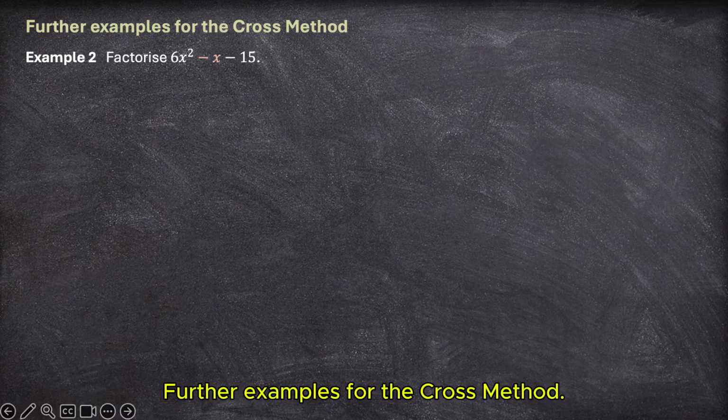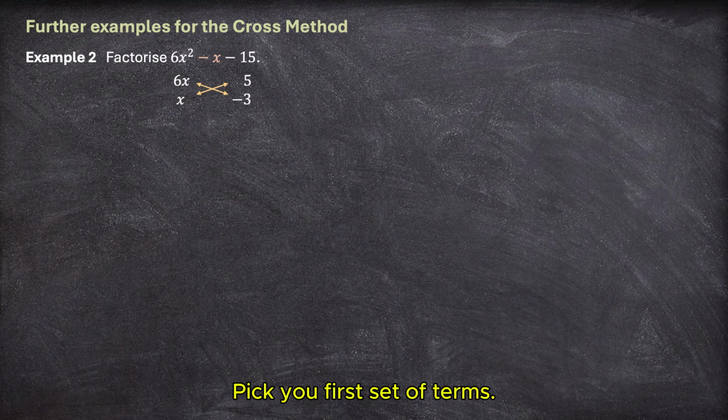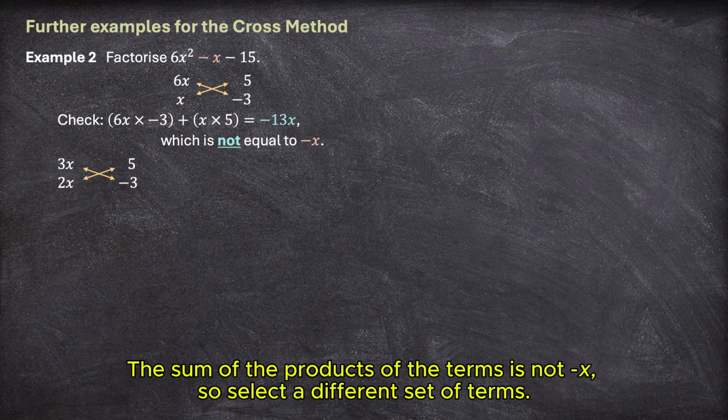Further examples for the cross method. Example 2. Factorize 6x squared minus x minus 15. Pick your first set of terms. Multiply the terms diagonally and add the two products to verify if the result equals the middle term, minus x. The sum of the products of the terms is not minus x, so select a different set of terms.